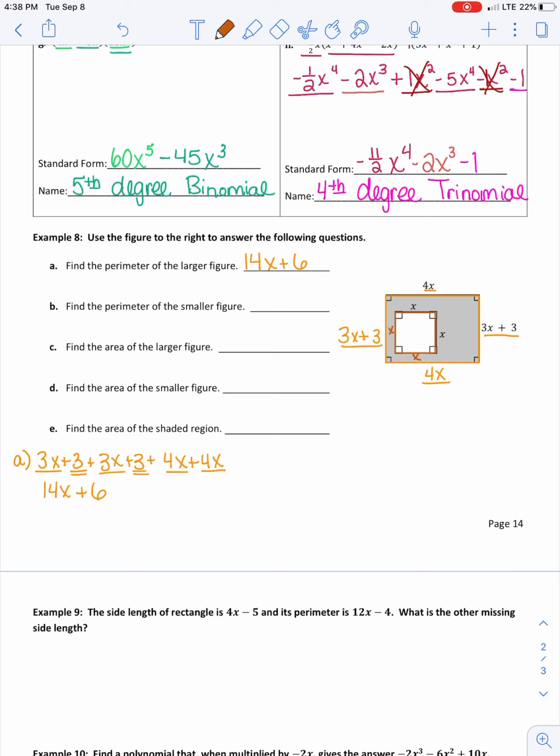So to find that perimeter, this is part B. We're taking x plus x plus x plus x. You could have also done 4 times x, and that would have given you the same answer. So we end up with 1 plus 1 plus 1 plus 1, which is 4 total x.